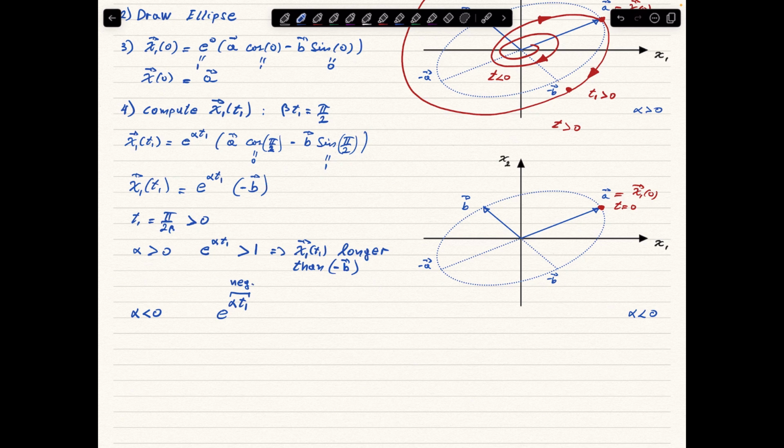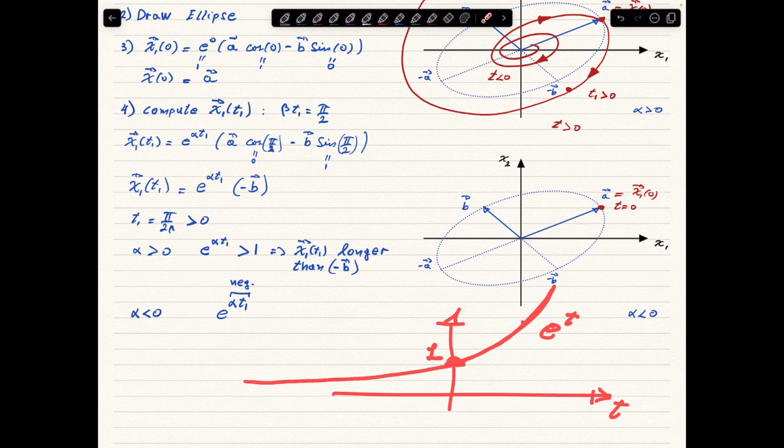What is the exponential of a negative number? If you recall the graph of the exponential, let's do it here. T, and what is the exponential? Let's put 1 here. At 0, the exponential is 1, then increases. This is exponential t. But for negative t, it's like this, isn't it?